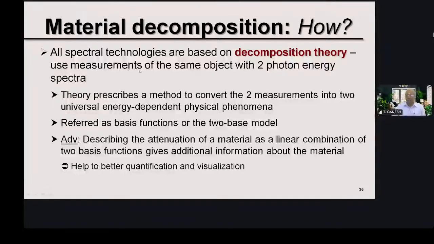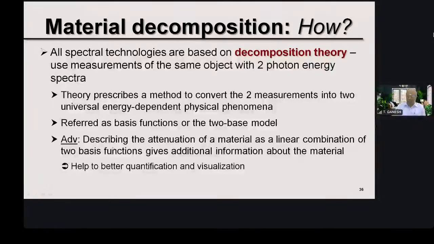So they use measurements of the same object, the same voxel, with two photon energy spectra. This decomposition theory prescribes a method to convert the two measurements into two universal energy dependent physical phenomena, referred to as basis functions or the two-base model. And what is the advantage?